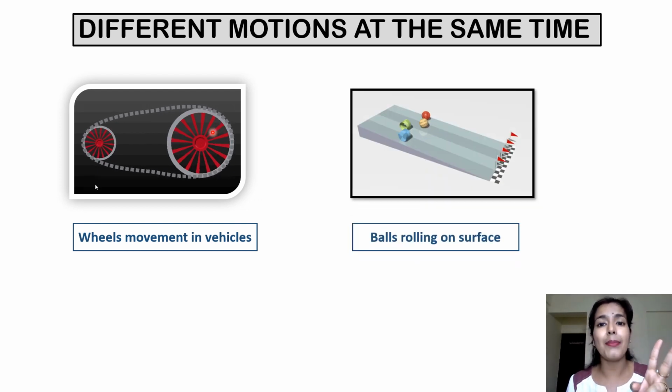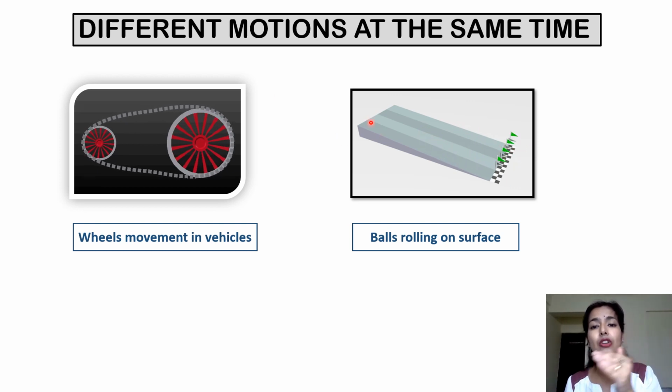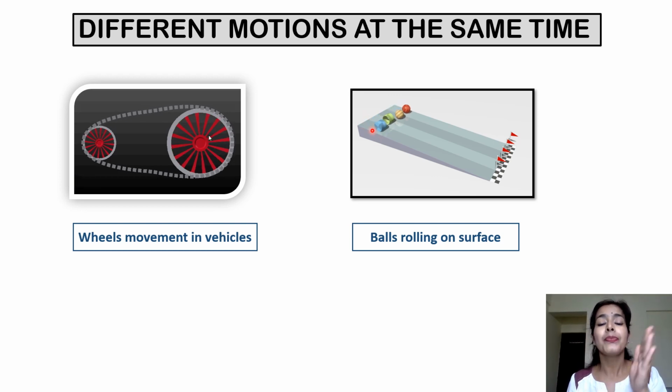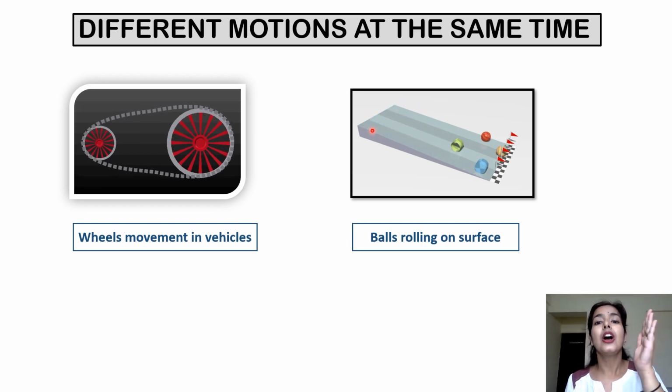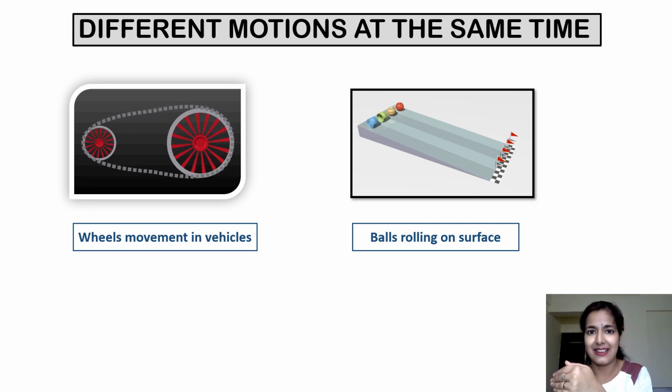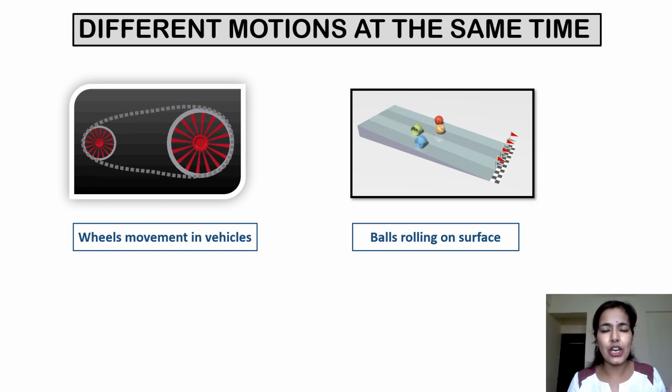In another example, the balls are rolling or coming down from a sliding surface. What is happening here? It is basically doing a rotational motion and again a rectilinear motion because it is moving straight. So what we can conclude here is that at one point of time a body can take more than one type of motion also. With this, I am done with today's topic.